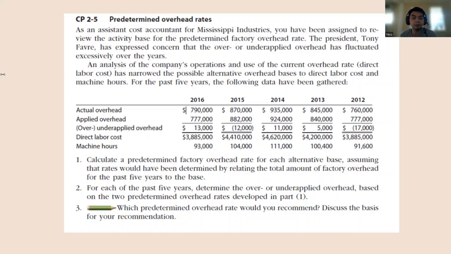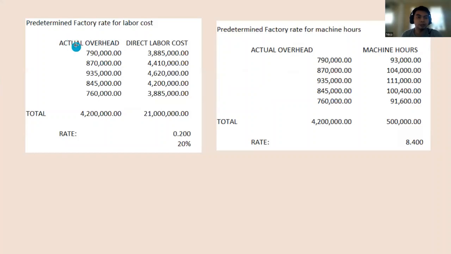For the first problem, we have to calculate the predetermined factory overhead rate for each alternative base, assuming that rates would have been determined by relating the total amount of factory overhead for the past 5 years to the base. To solve this, we need to first solve for the predetermined factory rate of the labor cost and the predetermined factory rate for the machine hours.